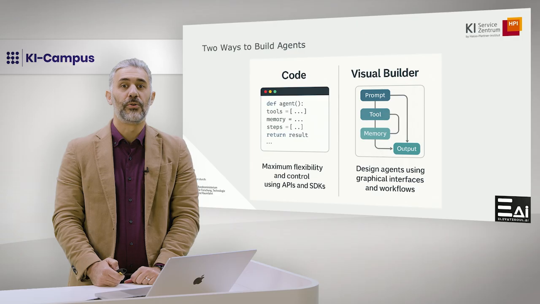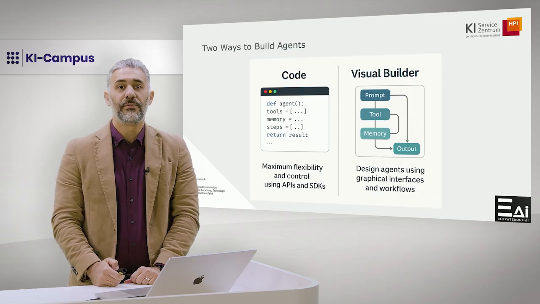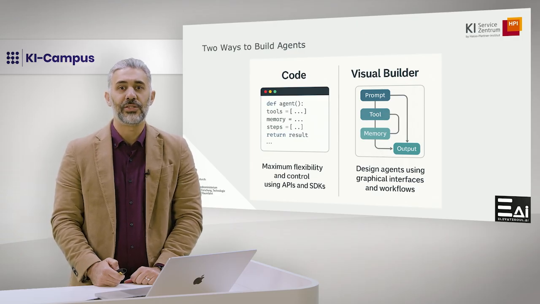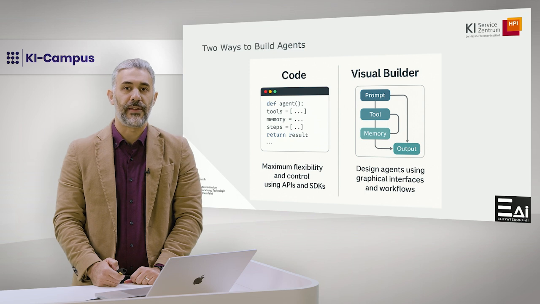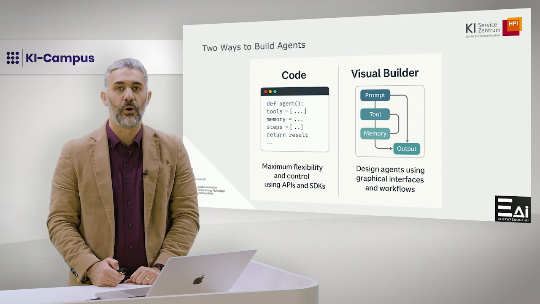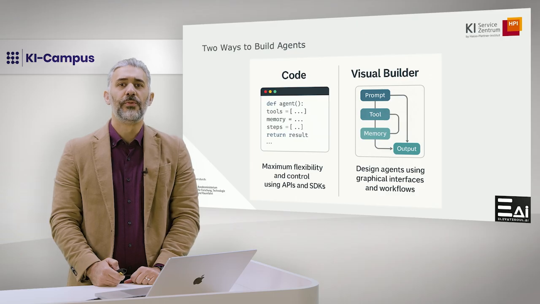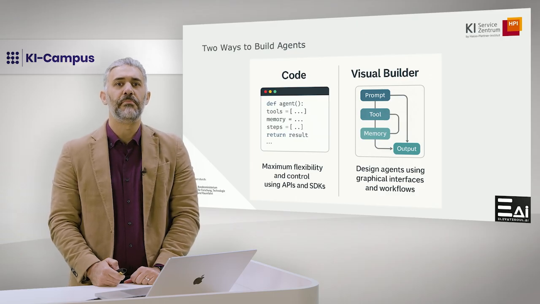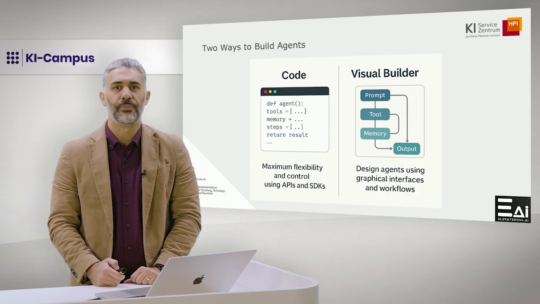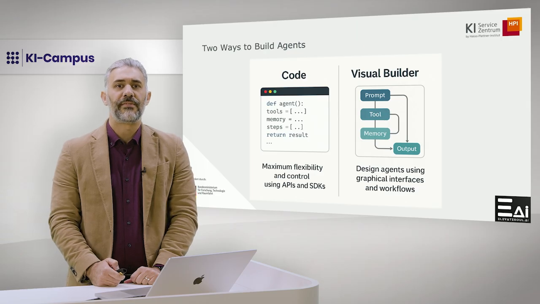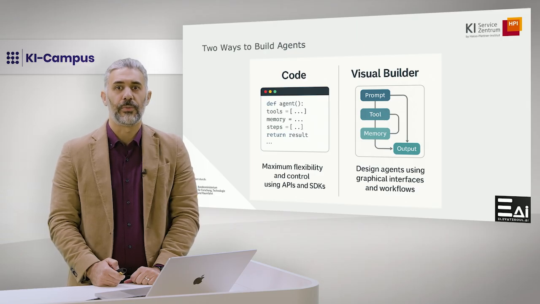The second approach is visual. With visual builders, we design agents using graphical interface, blocks, and workflow canvases. This removes much of the boilerplate and makes agent creation faster, more collaborative, and accessible to non-developers.